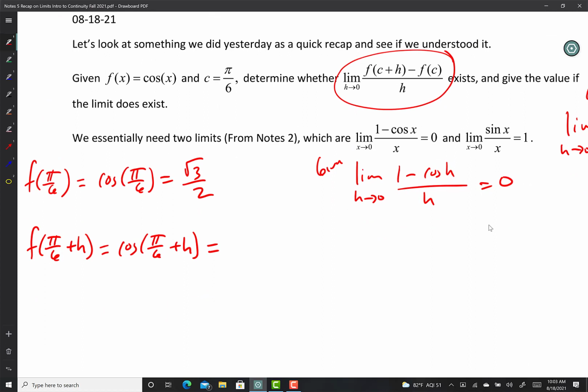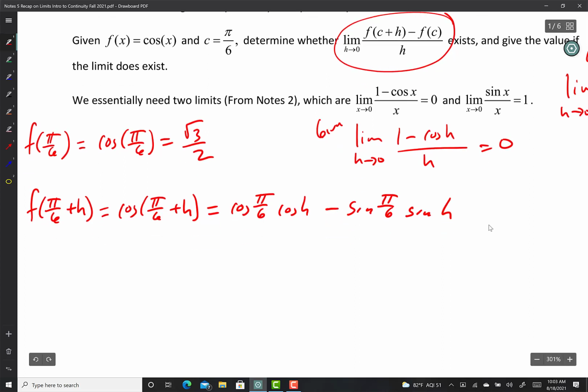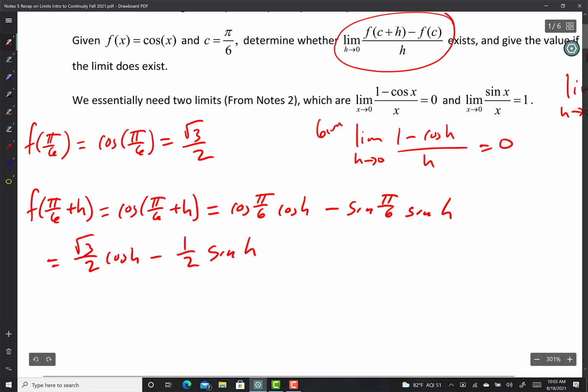Well, I know you can't see it, but cosine pi over 6 cosine h minus sine pi over 6 sine h. Are we still okay, guys? Alright, let's simplify that really quick before we continue. So cosine pi over 6 is square root of 3 over 2 cosine h minus sine of pi over 6 is 1/2, and then sine h.